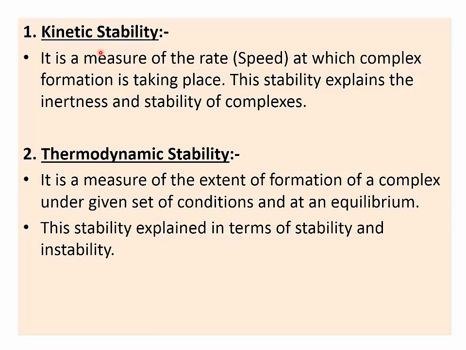First one, kinetic stability. Kinetic stability measures the rate, the speed at which complex formation takes place. Hence it explains inertness and stability of complexes. So it gives information about the speed of the reaction.